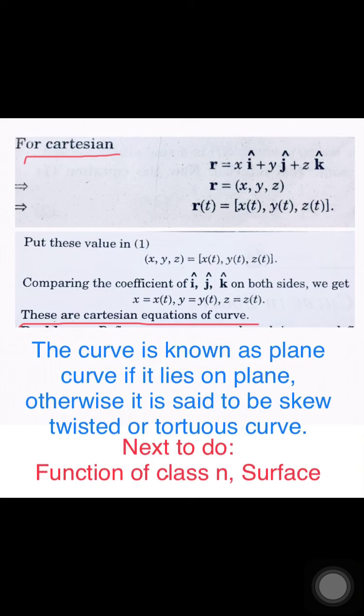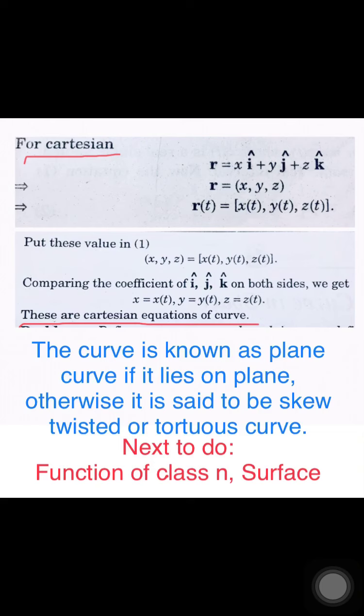A curve is known as a plane curve if it lies on a plane, which we saw in the intersection of two surfaces. If the intersection lies on a plane, then it is called a plane curve. Otherwise it is said to be a skew, twisted or tortuous curve. So there are two types of curve: plane curve or skew twisted curve.